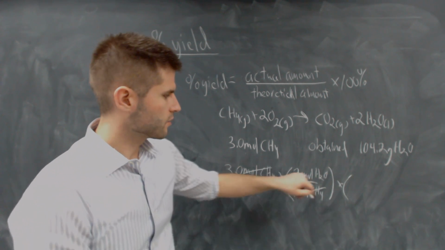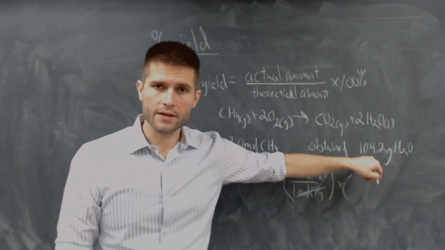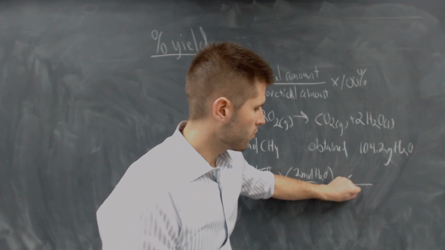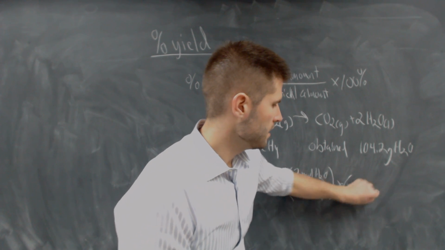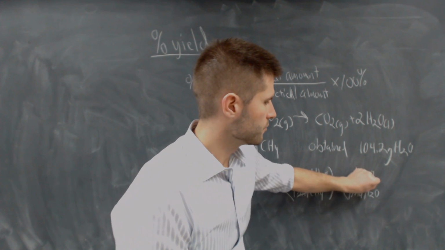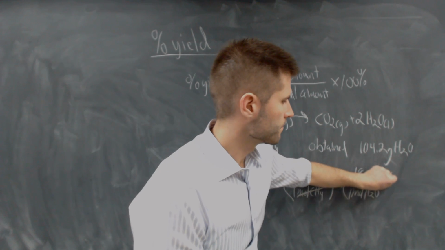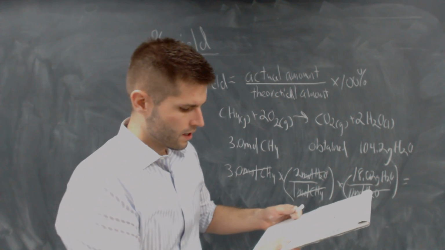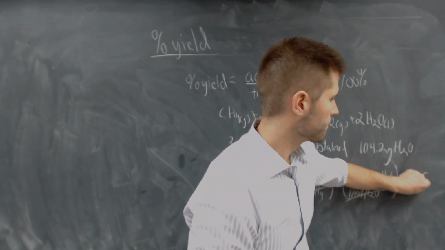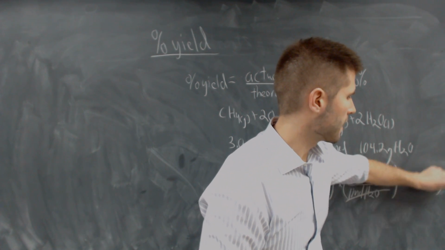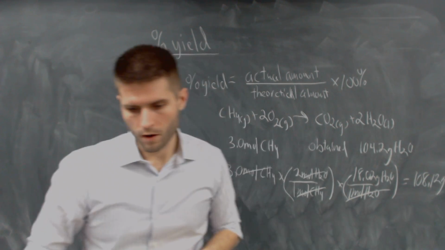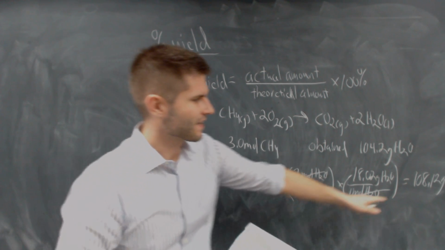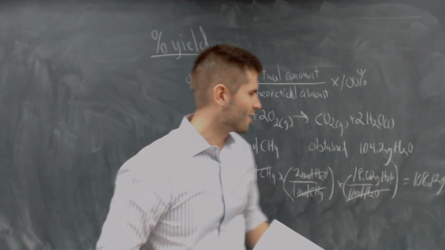The moles of methane cancel, we're into moles of water, but our actual amount was in grams, so we need to convert from moles to grams. For every 1 mole of water, there are 18.02 grams of water. That cancels those out. And we end up getting a value of 108.12 grams of water. So I'm trying to see on the screen if that actually showed up. So that's 108.12 grams of water.